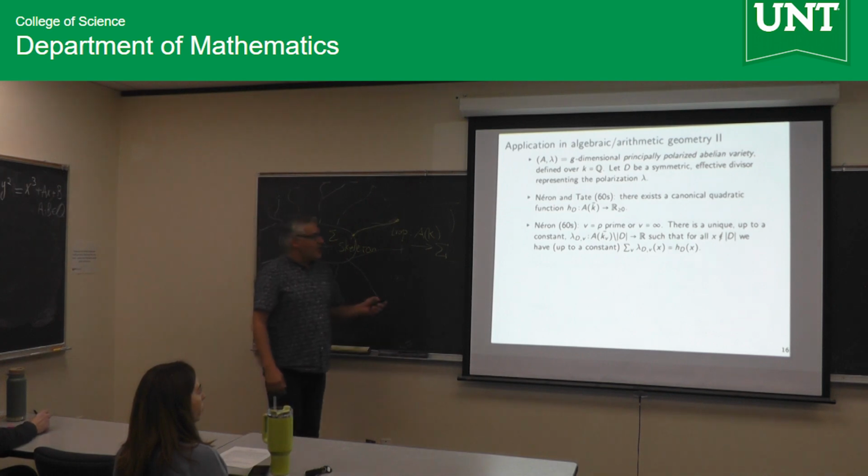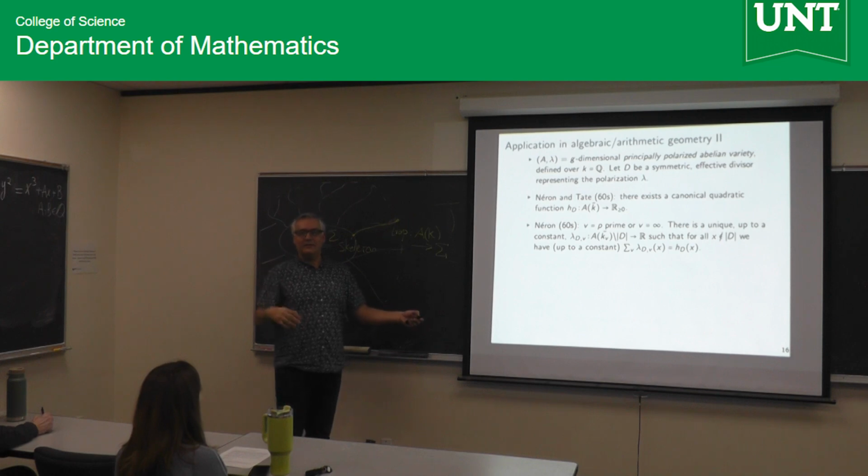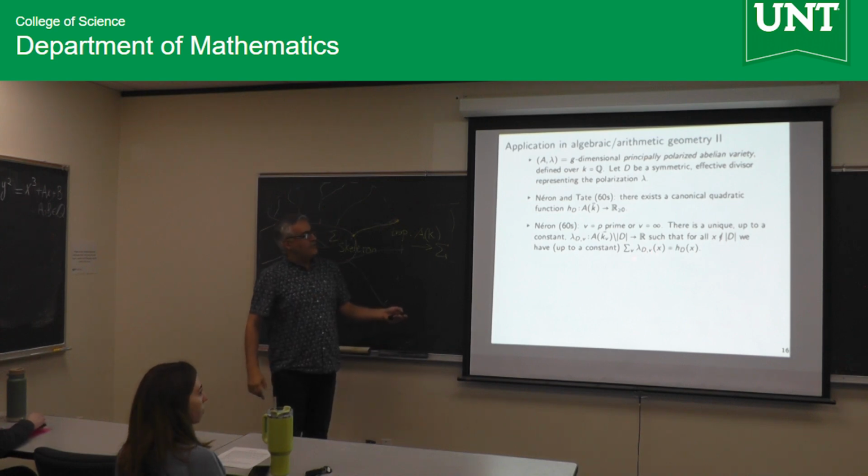Néron had a decomposition theorem for this, so for any place, he would say that this global number that you care about can be decomposed into smaller numbers that you should be able to understand better. Think of this like prime factorization. If you have a number, like my 8-year-old now is learning factorization, if you have a big number, you might want to know what are the ingredients of that number. What is the prime factorization?